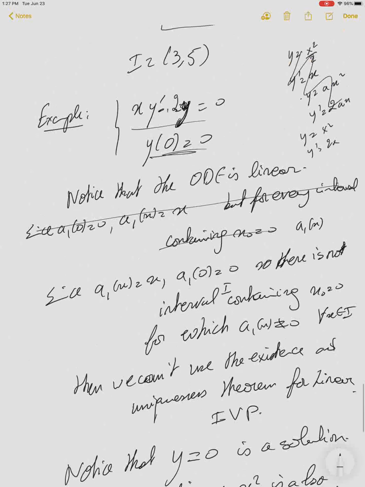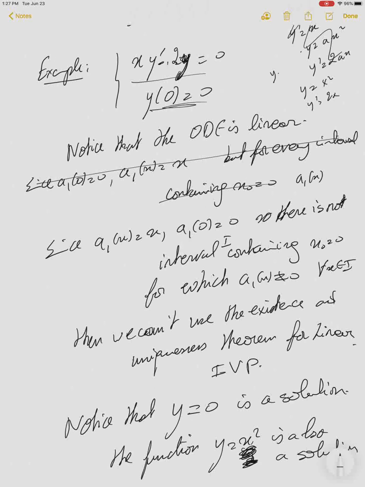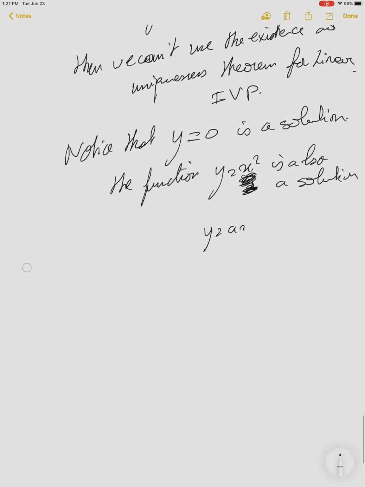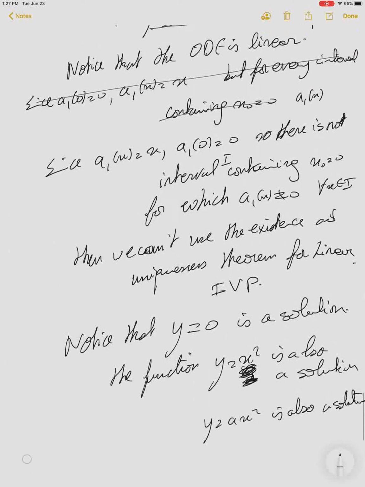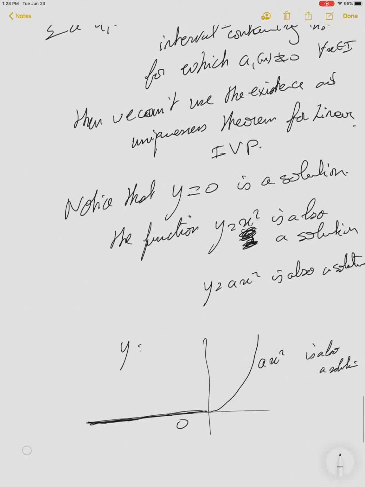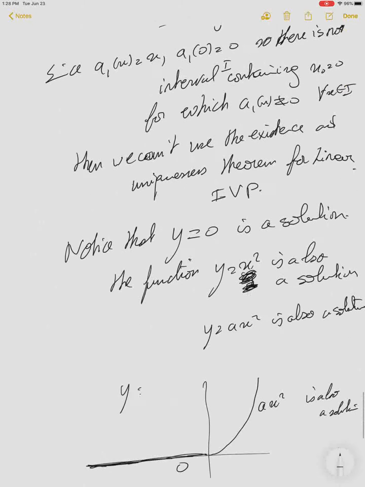Notice that y equal ax squared is also a solution, and you have infinitely many solutions. There's a function y that is 0 here, and ax squared here is also a solution. So you have infinitely many solutions in this case.